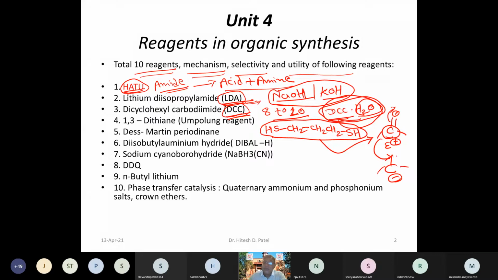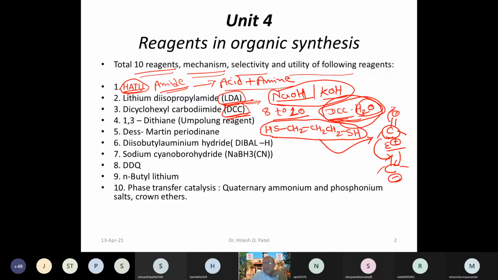So we are changing the polarity, changing the characteristic from electrophile to nucleophile, and that's why it is known as Umpolung reagent, or reversibility in the characteristic of a particular functional group.